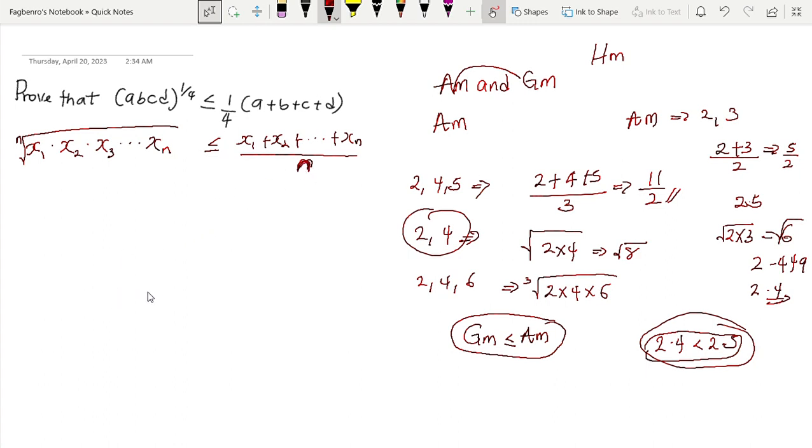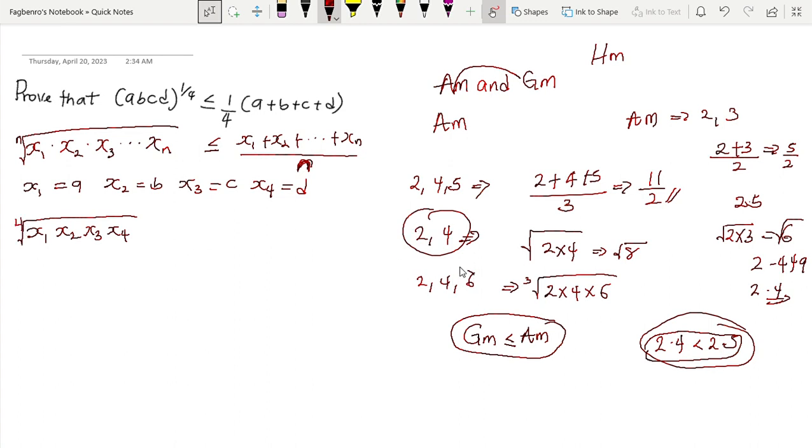What is now the next thing for you to do? In this case, your x1 can be A, x2 can be B, x3 can be C, and x4 can be D. So if you have x1, x2, x3 and x4, all you have to do is take the fourth root of that.